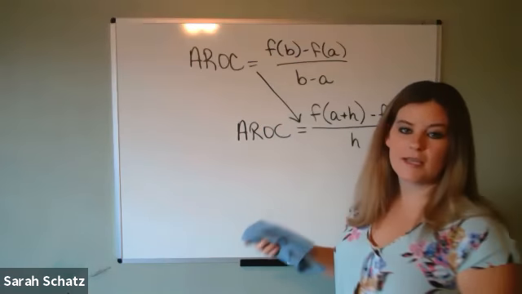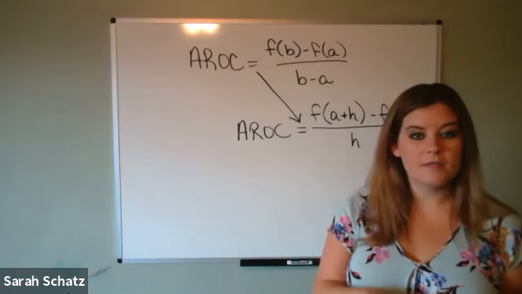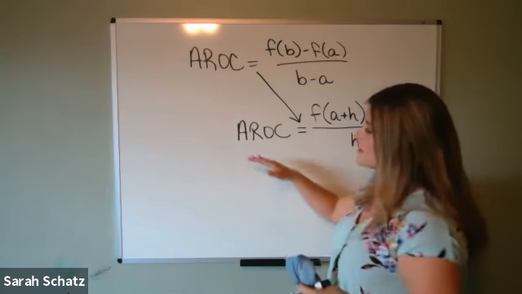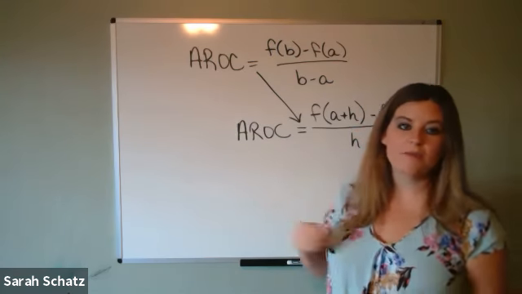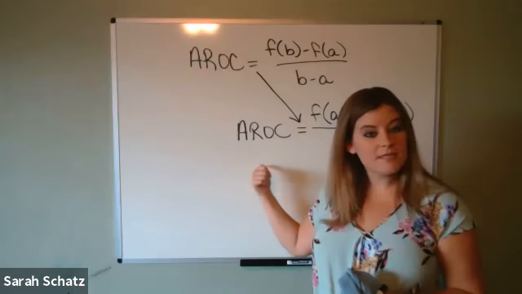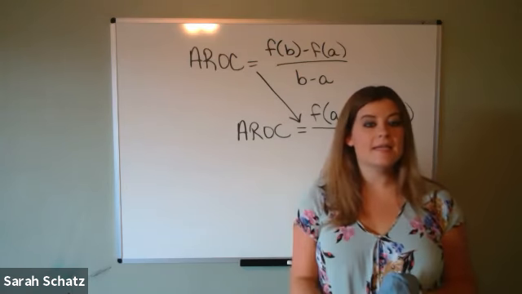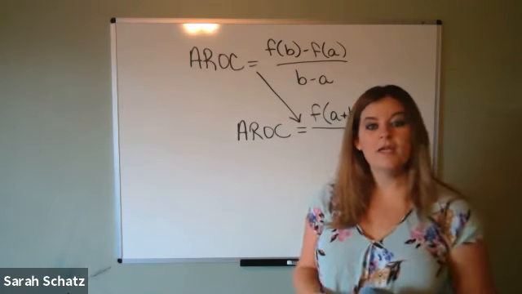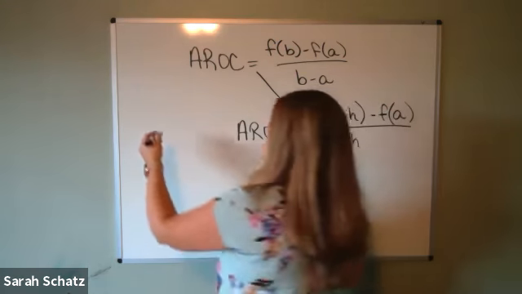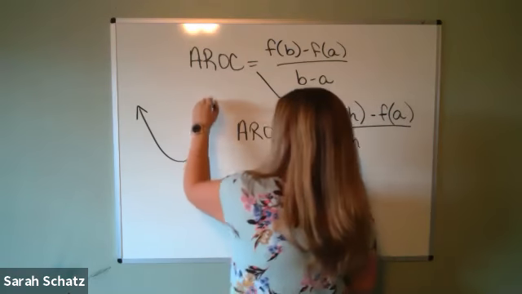I'm going to change the name and I'm going to put a limit in there and I'm going to talk about what it means. So this is an average rate of change. What I'm going to find when I take the limit of this at a certain point is what we call the instantaneous rate of change. So when I say the word instantaneous, you've got a graph, right?